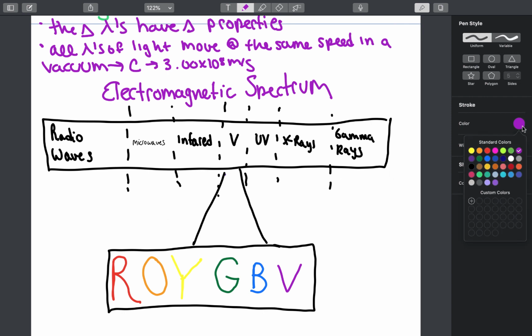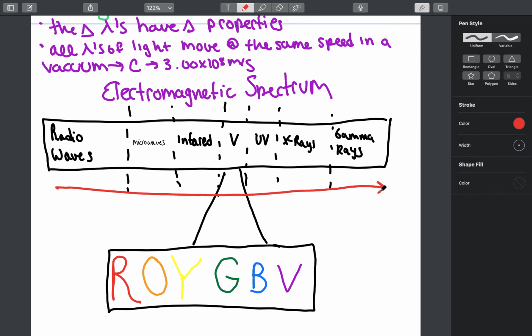So in here, I have it organized in a particular way. So let's draw an arrow this way. So all of these different groups here represent different electromagnetic waves or different wavelengths of light. So radio waves actually have the lowest frequency and the highest wavelength.